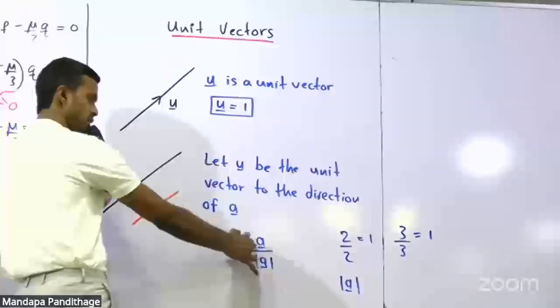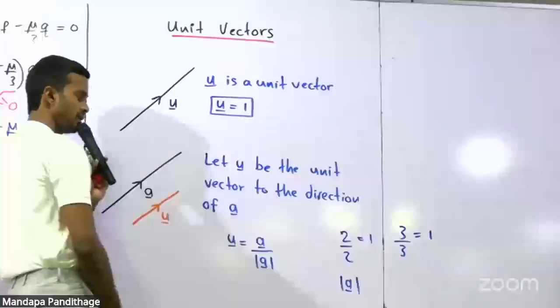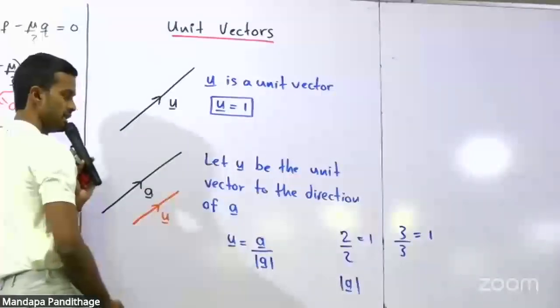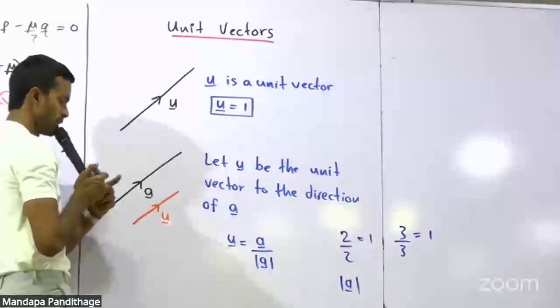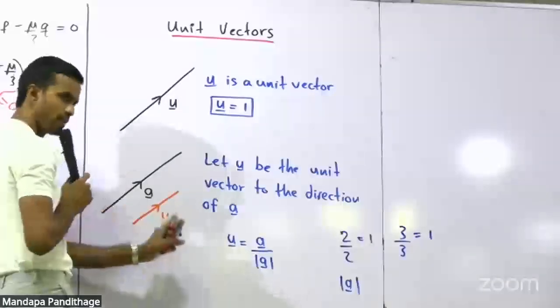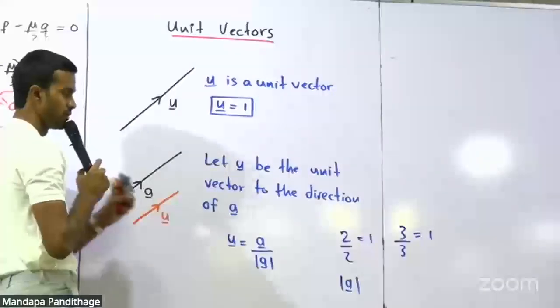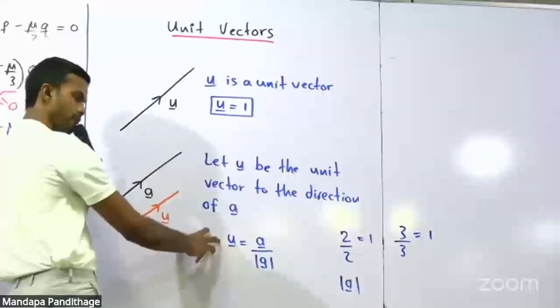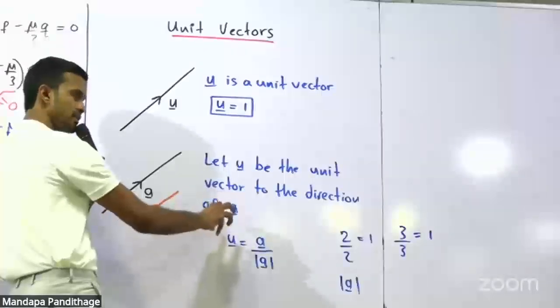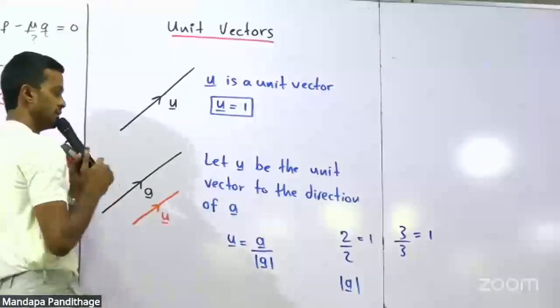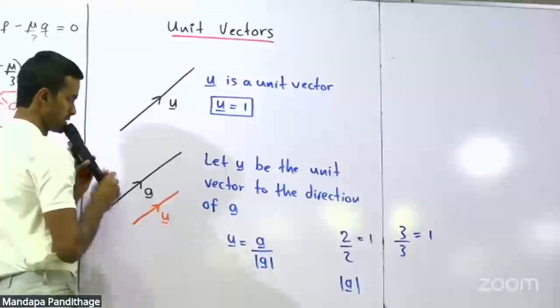So when we divide this vector A by its same magnitude, modulus A, we get a magnitude of 1. It is a simple thing, but you need to understand this properly. If not, you won't be able to apply this unit vector theory in a problem. Clear? So let's keep things simple.